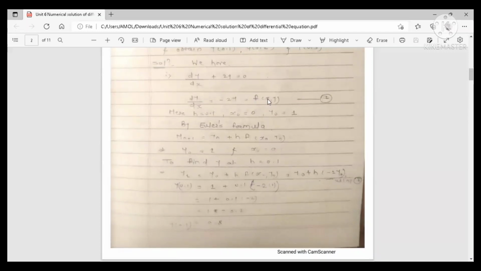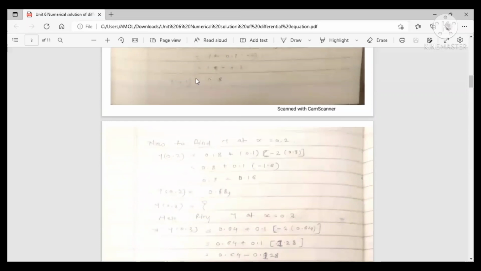So what will f of x1 y1 be? You just replace this y by y1. So f of x1 y1 is minus 2y1, so minus 2 into y1. Y1 is 0.8, so minus 2 into 0.8. So simplify it, and y of 0.2 is 0.64. Okay, so this is the value of y at x is equal to 0.2.